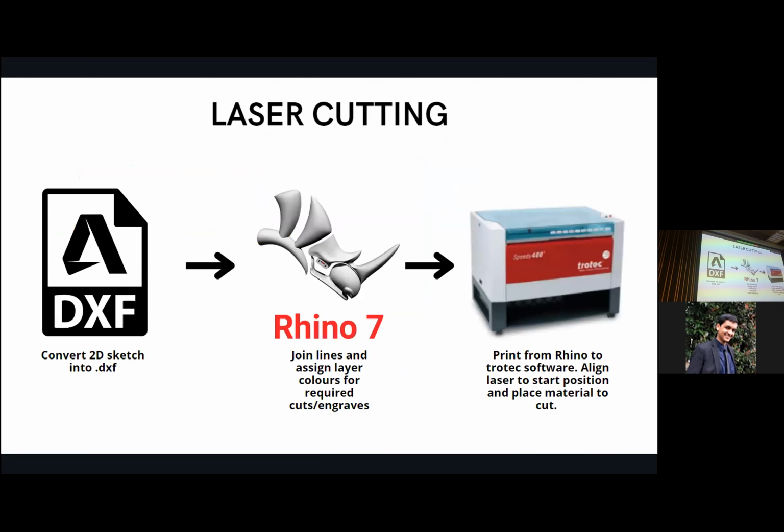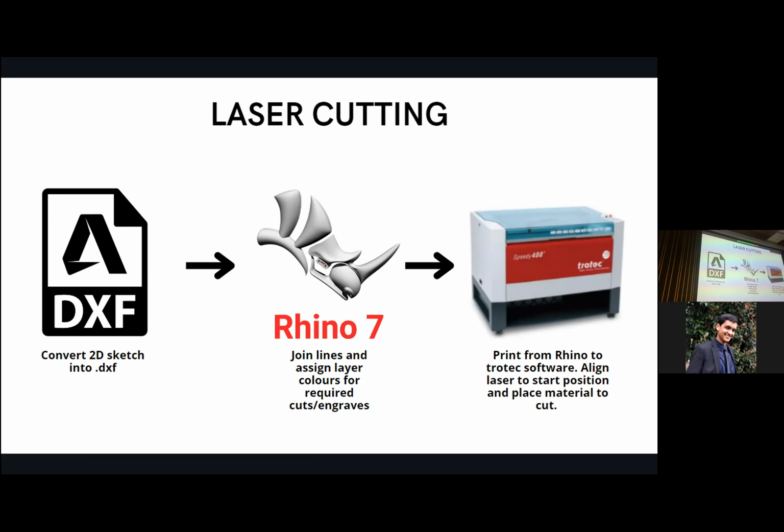In the laser cutting process at the uni, once you have your DXF file, you'll load that onto Rhino. Rhino is a type of CAD tool that the university uses. Once you load the DXF file onto Rhino, you can change the layer colors that are required for the cutting.